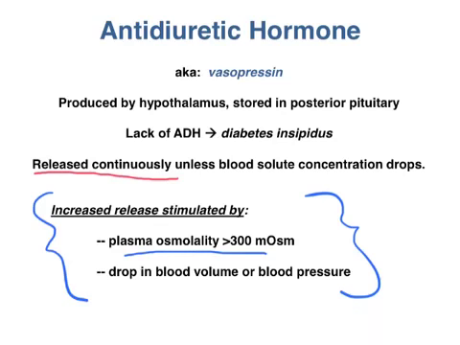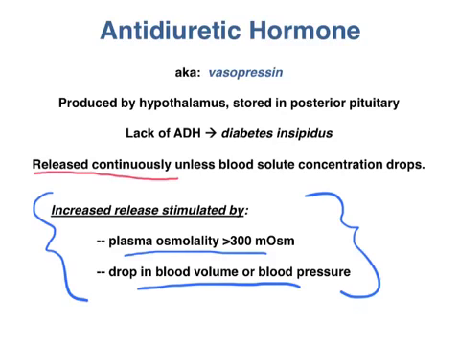It indicates that you don't have enough water in your blood. So you need to hold on to more water. You need to retain more water from the kidneys. This also happens with a drop in blood volume or blood pressure. And then antidiuretic hormone is released in greater quantities. You get to hold on to more water, try to bring that blood volume back up and maintain blood pressure.